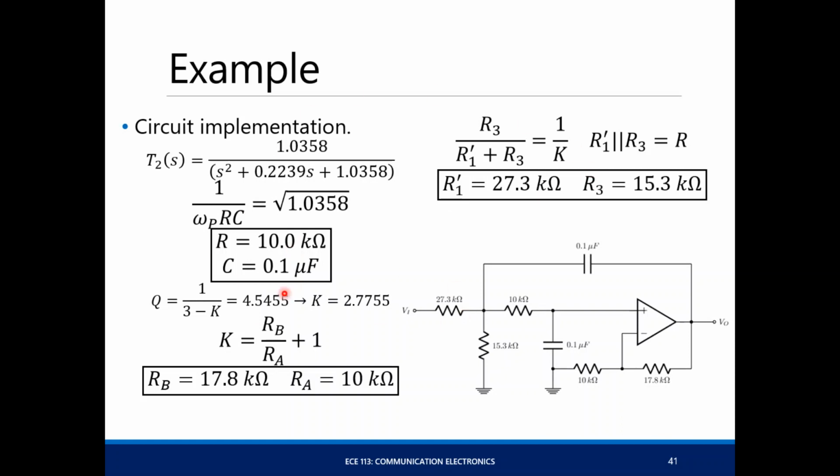So to normalize it to omega p, you must equate the square root of this with 1 over omega p RC, and solve for R and C. Solve for the gain through the Q factor, you get a gain of 2.7755. So the appropriate resistors would be this and this. And finally, to compensate for the gain, you use a voltage divider whose output resistance is equal to this value. And the appropriate resistors for that are this and this.